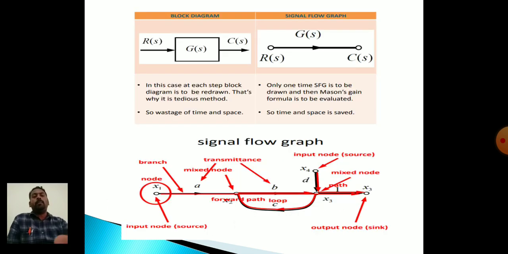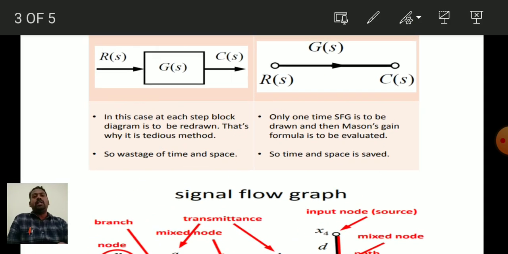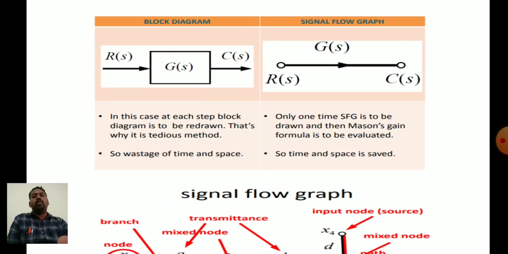Just see here, in case of block diagram, this is the input, this is the output, this is the block having the transmittance. In this case each step-by-step block diagram has to be drawn, that's why it is a tedious and time consuming method, and a wastage of time and space.